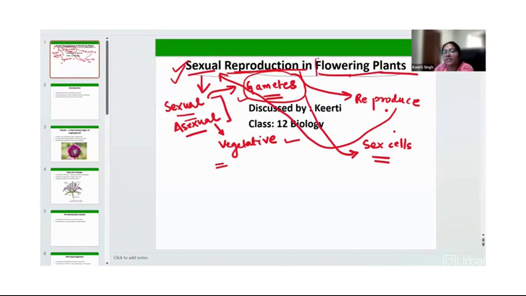Flowering means, why is it written flowering? Because we know not each and every plant generates flowers. Some plants have the ability to produce flowers and some do not.